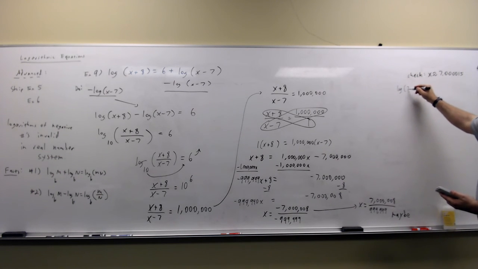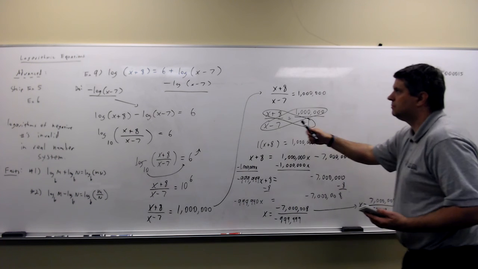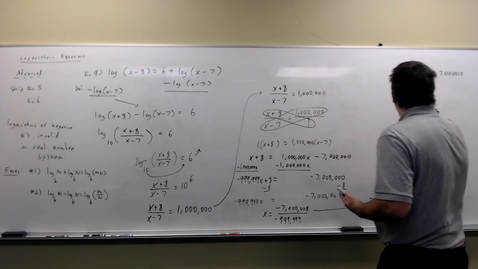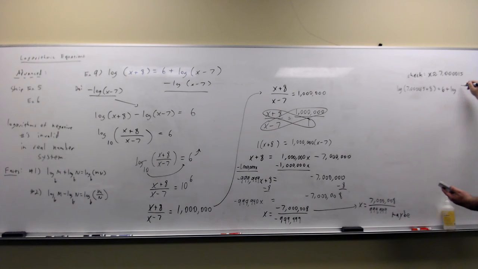Logarithm of 7.000015 plus 8. I want to know if it equals 6 plus log of 7.000015 minus 7.